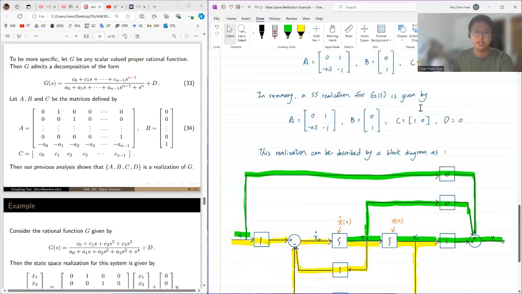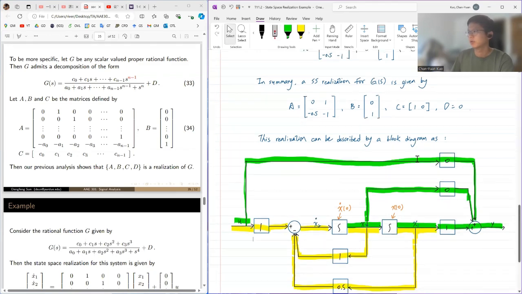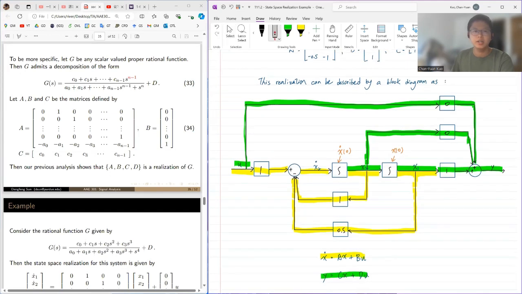Now we have obtained a state space realization A B C D of the transfer function G of s, and the matrices A B C D are summarized here. In addition, this realization can be described by a block diagram shown here.